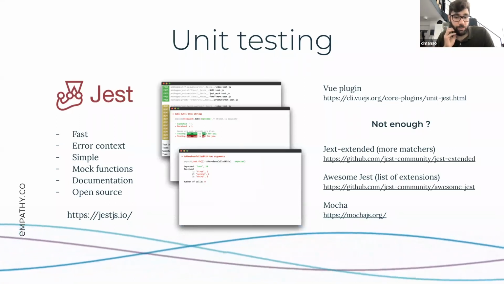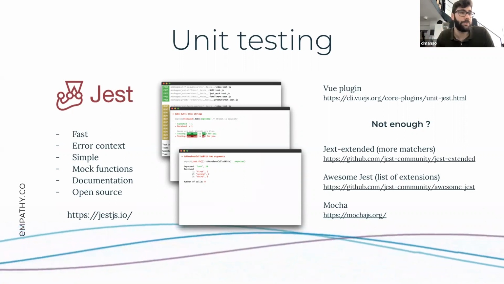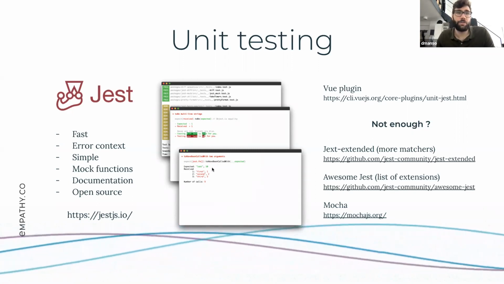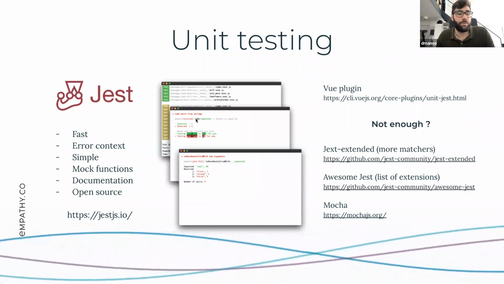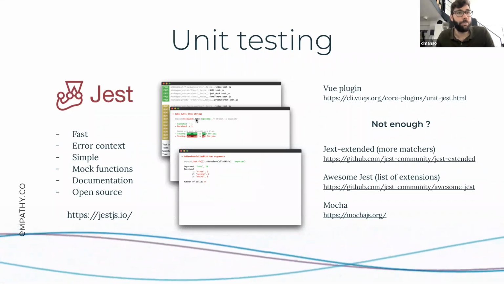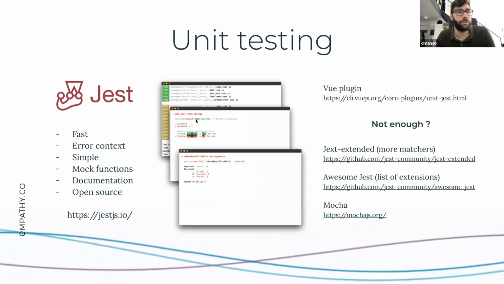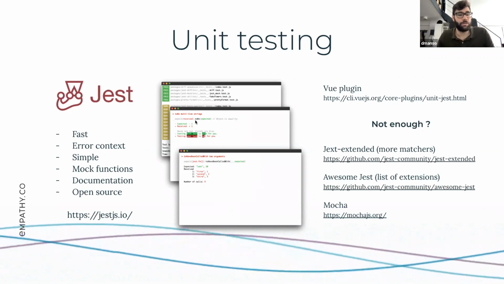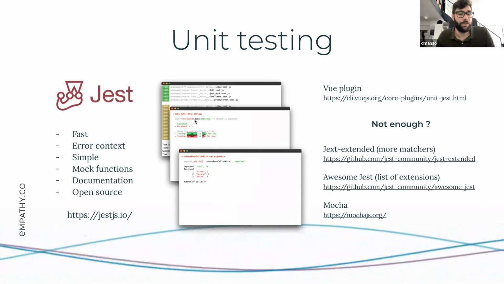The only difficult thing here is to know which matcher to use in each case. Yeah, for example, the matcher toBe is used for comparing primitive values and also checking instance references. And the matcher toEqual is used to perform a deep equal comparison.